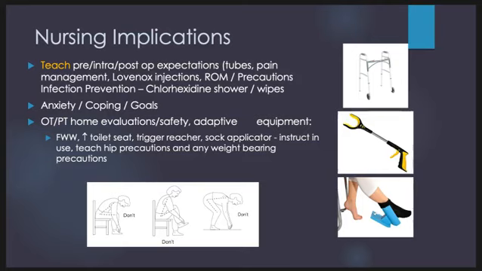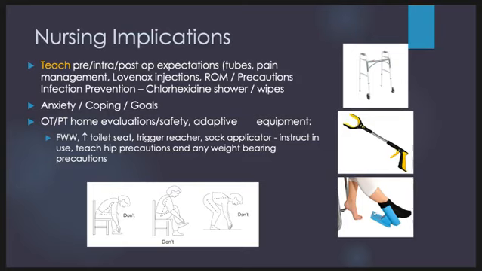Common equipment upon discharge may include a front wheel walker, which I'm sure you guys have seen in the hospitals, and they may also need an elevated toilet or even a trigger reacher for smaller items that are out of reach. There's also a sock applicator, which can be useful for patients. And with this, basically, you just put the sock on the equipment and it enables you to easily slide your foot in.